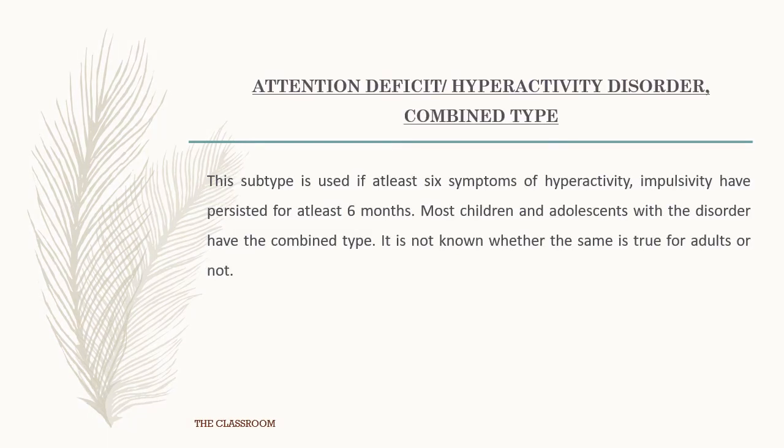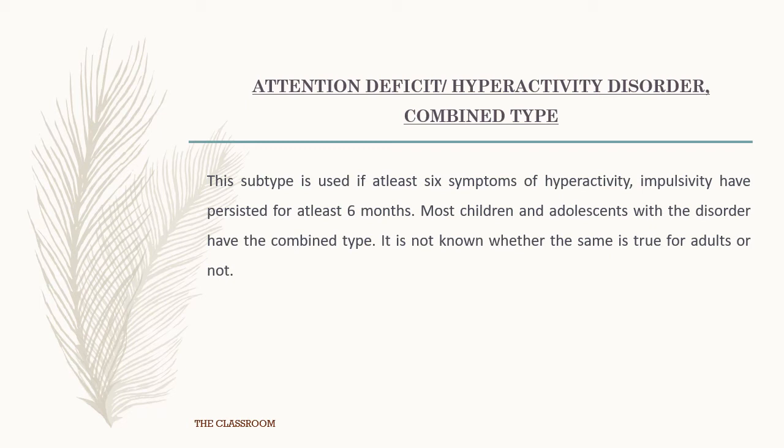Now let's talk about the three different types of ADHD and how the diagnosis is made for these three types. The first type is attention deficit hyperactivity disorder, combined type. This subtype is used if at least 6 symptoms of hyperactivity and impulsivity have persisted for at least 6 months. Most children and adolescents with the disorder have the combined type, so it is the most common. It is not known whether the same is true for adults or not. So children usually have the combined type.